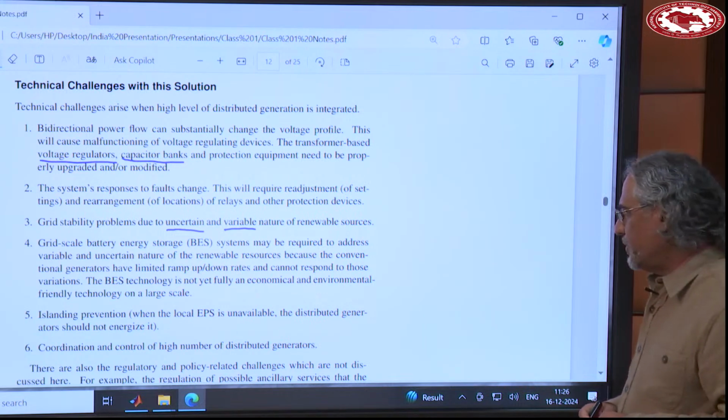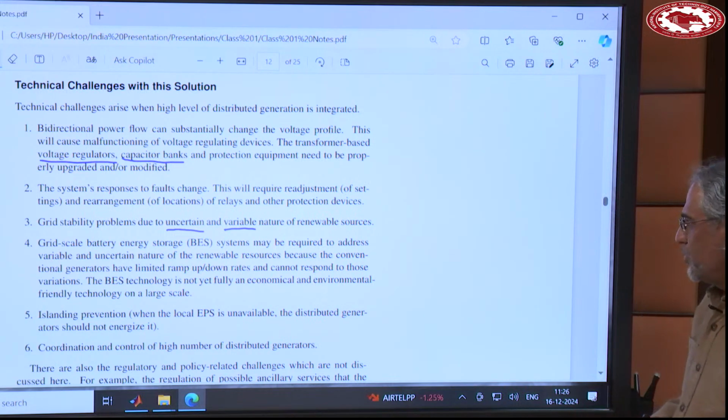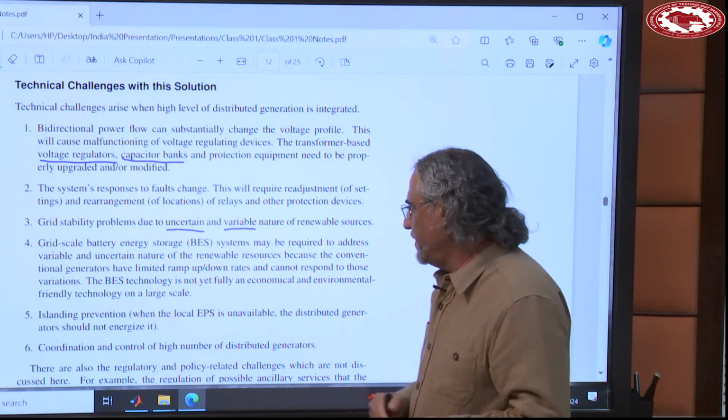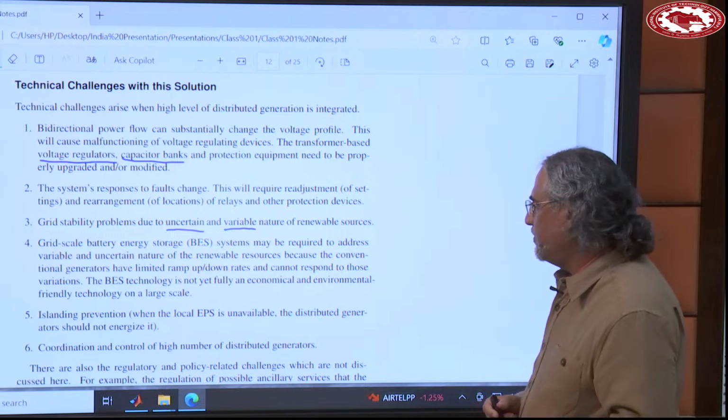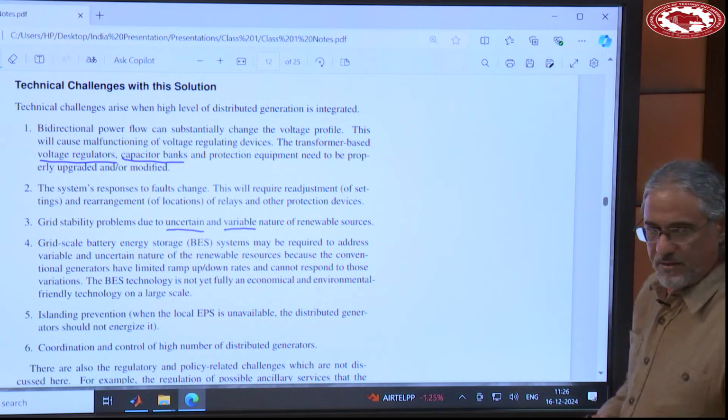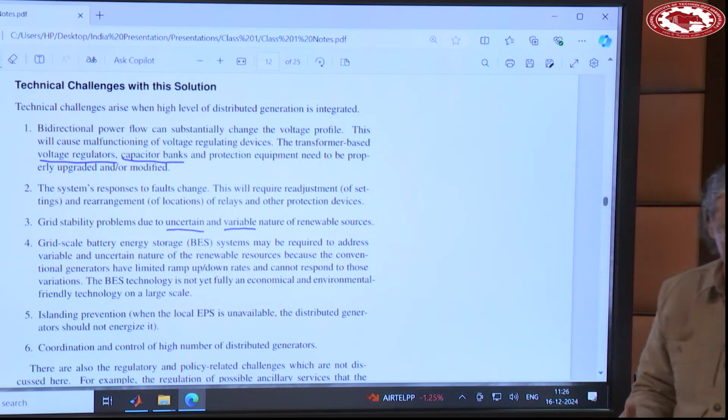So one approach to address some of these aspects is to use a grid-scale battery energy storage system. Obviously, if we can store energy, we can use it back whenever we need it.